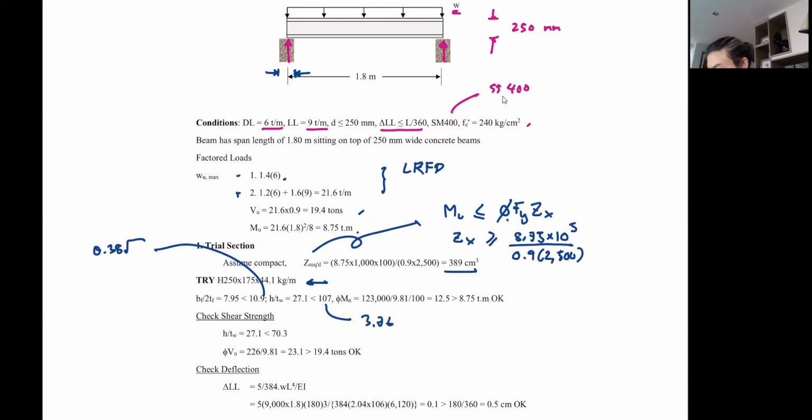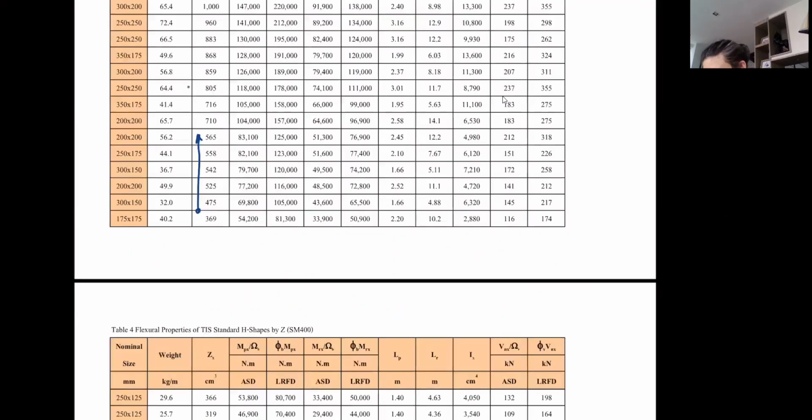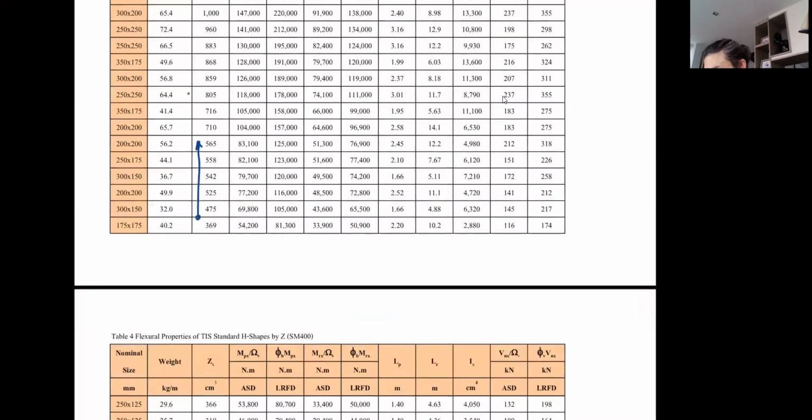So your design moment, which is phi Mn, is basically, well, I got this number from the old table, which is in Newton meter, and I divided by 9.81 to change the unit. Alternatively, this can come from 0.9 times 2500, and then multiply by the Zx for this section, which is 558, right?